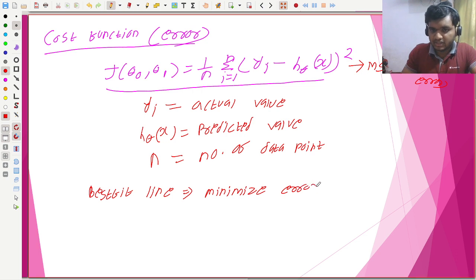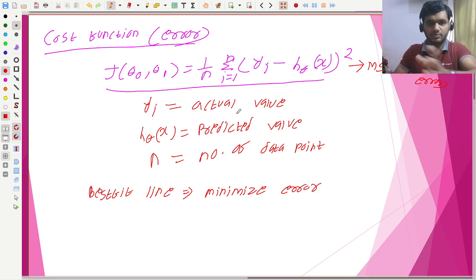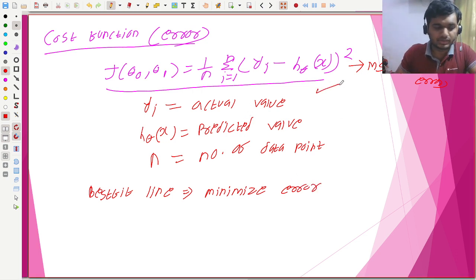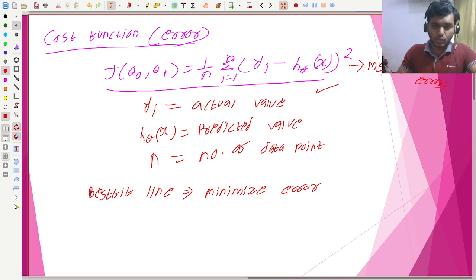Here the error or cost function is mean square error.